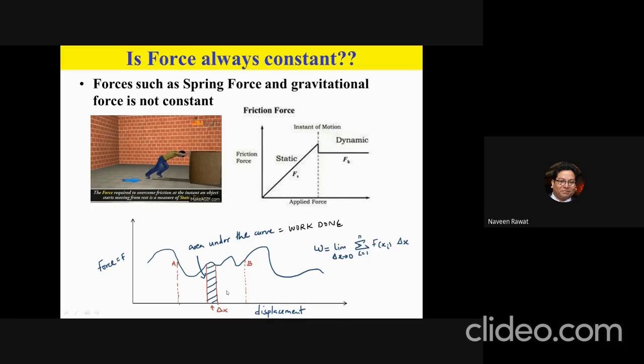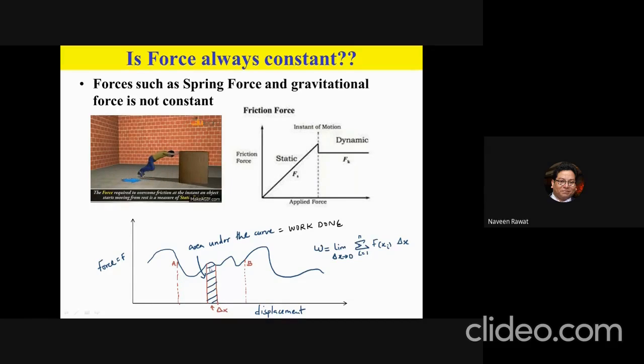Now let's say we have the same situation. This force is causing a certain displacement, and you are moving the object between position A and position B. When you look at this situation, you cannot just look at an instantaneous point between these two endpoints A and B and say that that is the work done in moving the object.